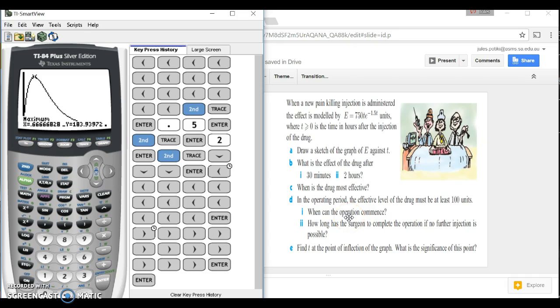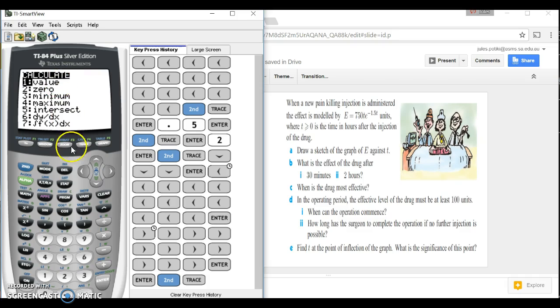So again, we can use technology for this, and again, it's a little bit clunkier than it really needs to be. But we don't have an option to enter a y value and find an x value.